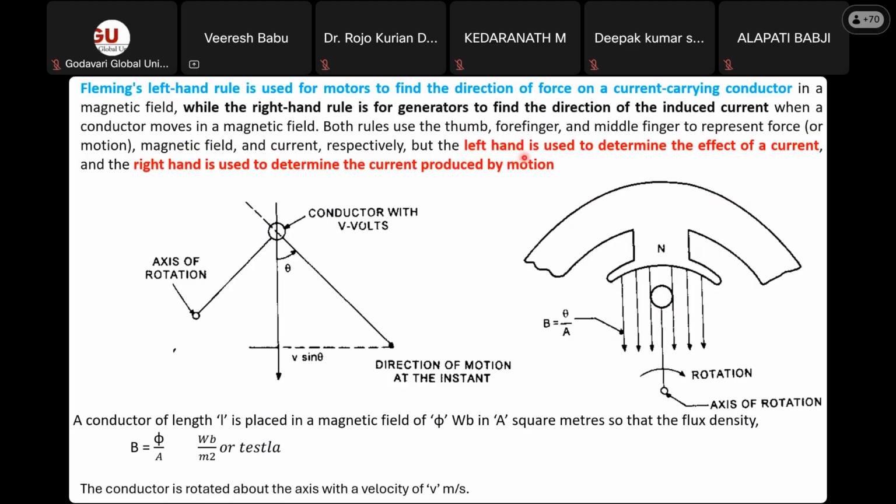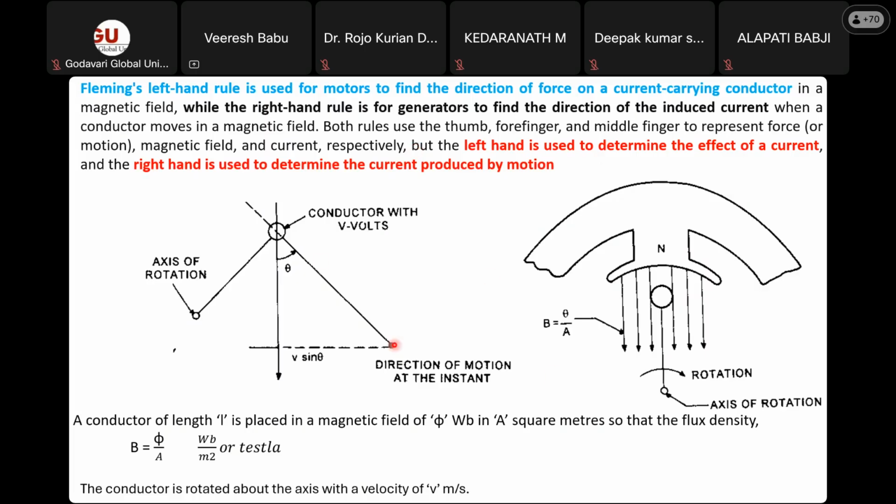But the left hand is used to determine the effect of a current, while the right hand is used to determine the current produced by motion. So the right hand is used in a generator, for the current produced by motion, and the left hand rule applies when you give a current to the motor and see the effect of that current. This is how Fleming's left and right hand rules are related.